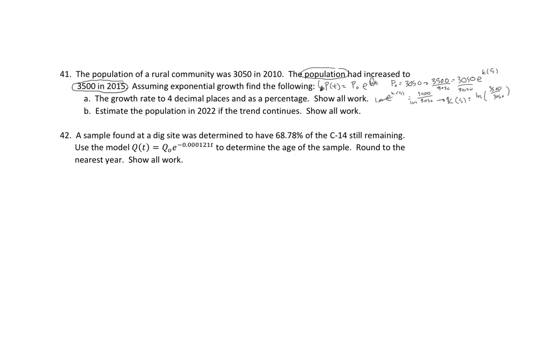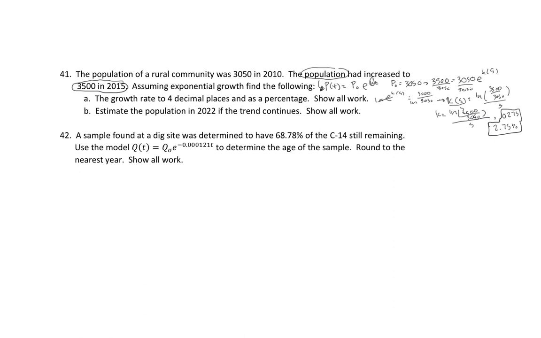To get rid of the 5, we divide by 5 on both sides, so we get k by itself. k is equal to the natural log of 3,500 divided by 3050, all divided by 5, which gives about 0.0275, or about 2.75%. That's our K.